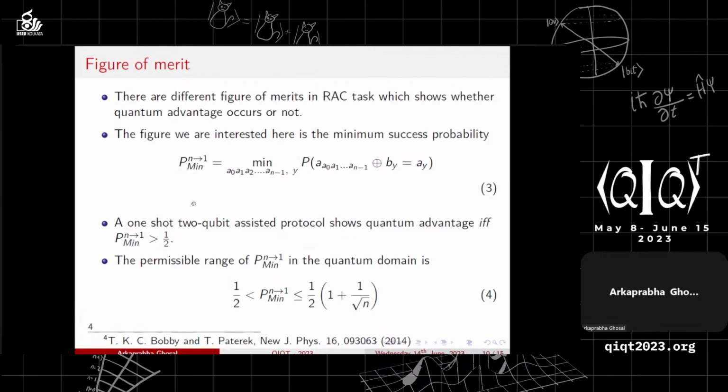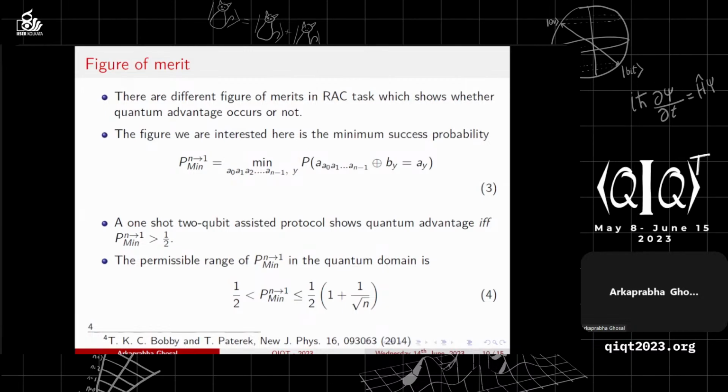Now this RAC protocol is a one-shot process and it is a one-way LOCC protocol. As you can see, Alice first measures the qubit, Alice communicates 1 bit to Bob, not more than that, and Bob will accordingly measure his qubit. So it is basically a one-way LOCC protocol, and it is a one-shot process.